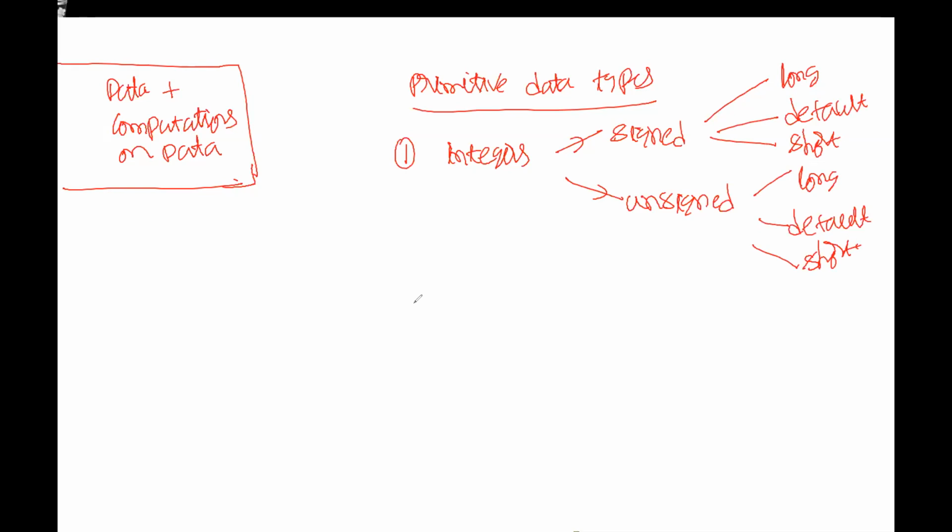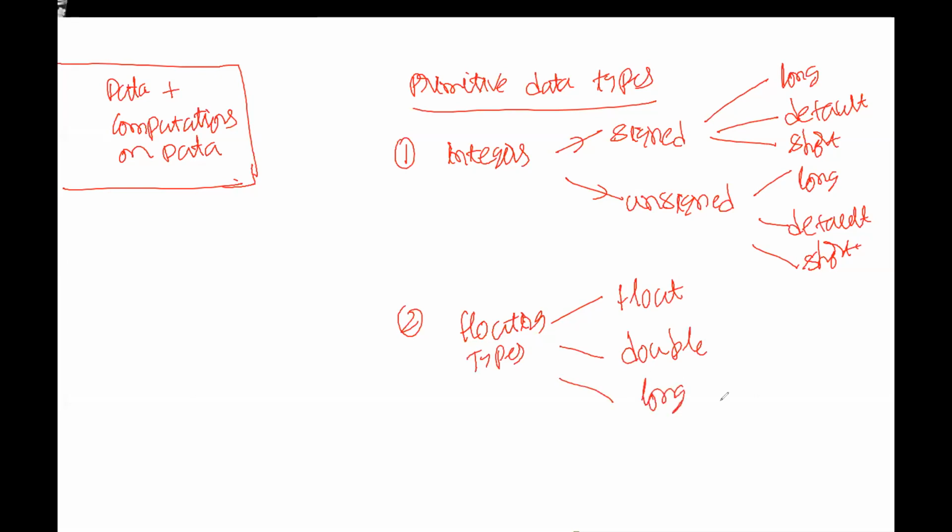Then when we go to floating point numbers, broadly there is a default float type, then a double, and then a long double.